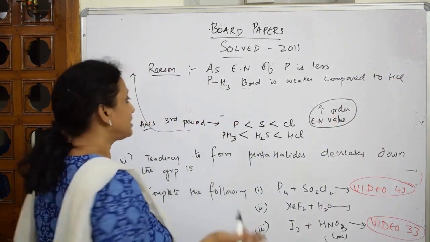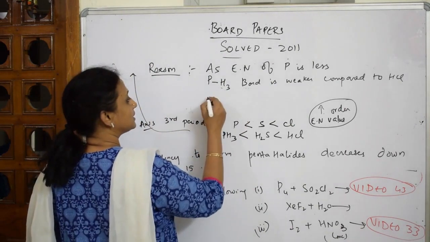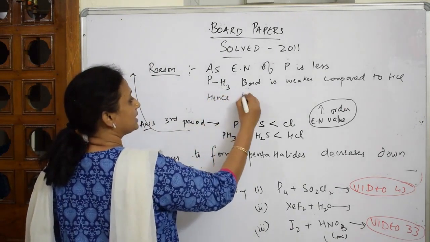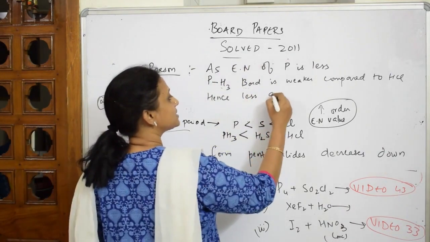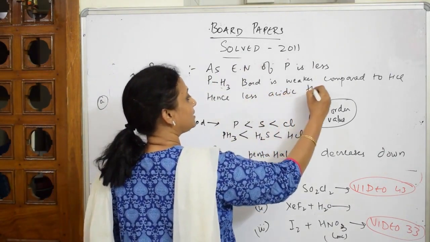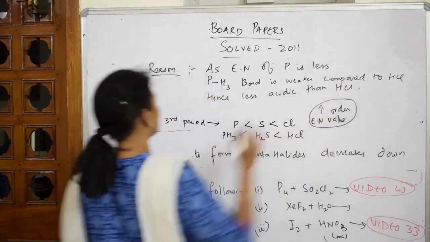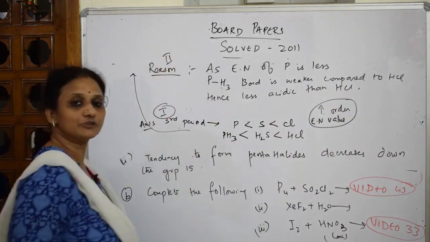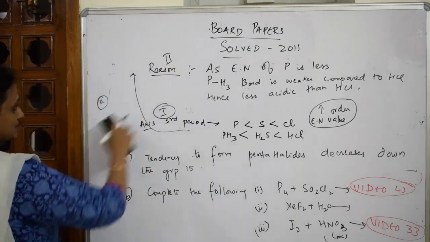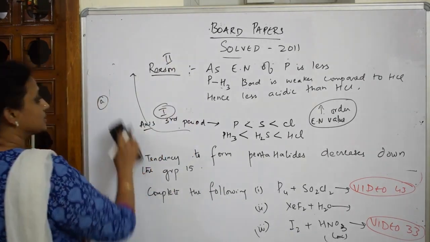When the bond is weaker, it can easily donate the H+ proton, isn't it? Hence it is less acidic than HCl. So this should be the first reason. This should be the second reason. You'll get full marks for that. Done. So let me erase this and write the second question.